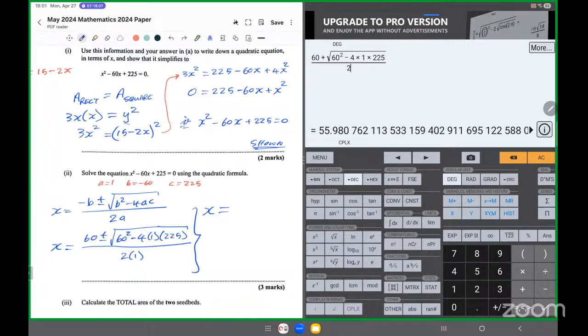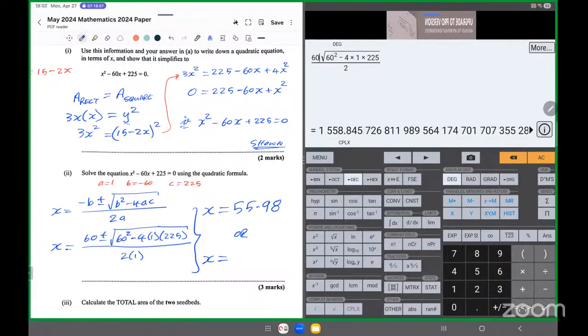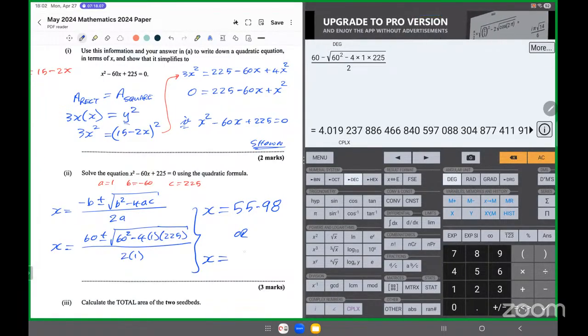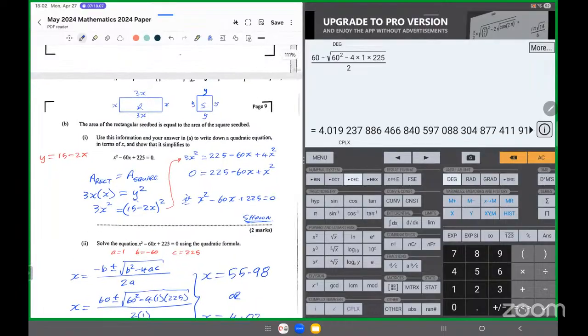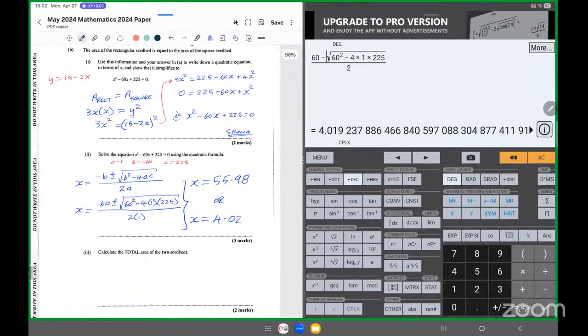We're getting 55.98. Or x equals, change the plus to a minus in the calculator, I will get 4.02. And that's all in meters, right? Everything was in meters, because 60 meters of fencing.